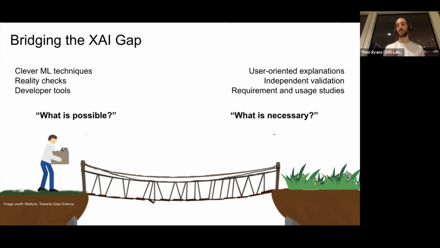And how can these explanations be independently validated? And what kind of studies do we need to make in order to really understand how these algorithms are used in practice or will be used in practice? As we are often in this chicken and egg scenario where the lack of explainability is a hurdle to the implementation or the deployment of AI in clinical practice, and we can't make these usage studies until we have usage data from AI solutions being used in clinical practice.